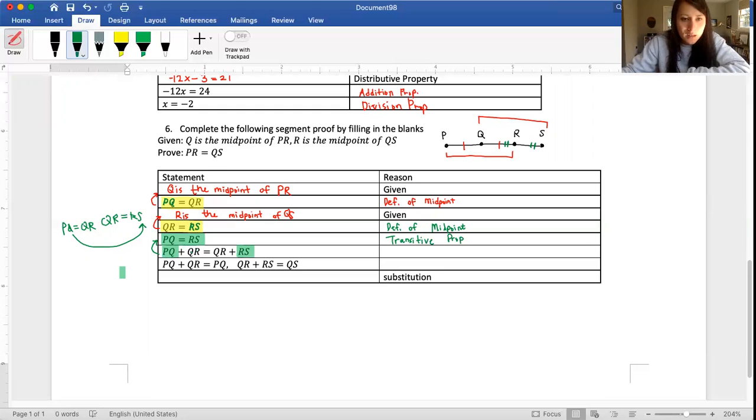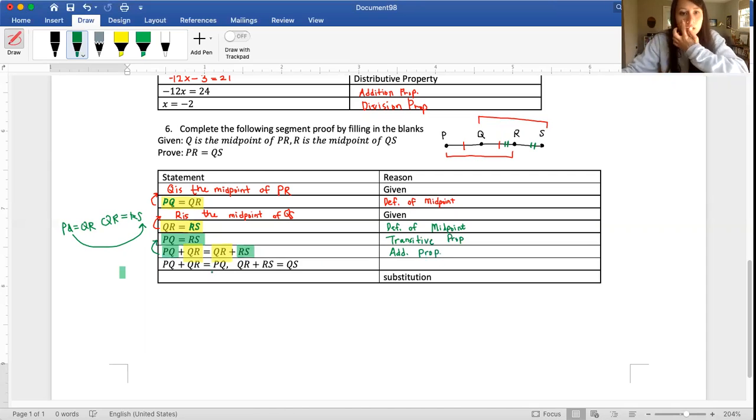So it looks like I've got PQ equals RS, but I'm adding QR to both sides. So what property is it when I can add the same thing to both sides and those two things that are equal to each other would still remain equal? That is called the addition property of equality, right? So this would be the addition property of equality.